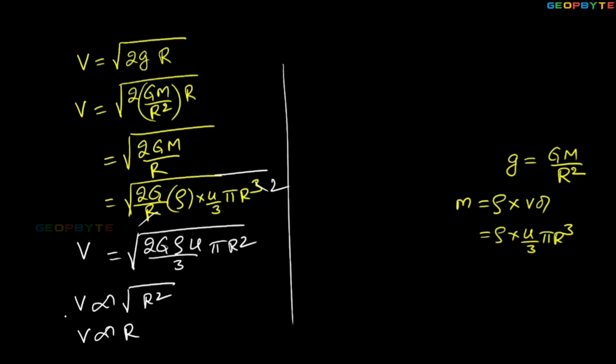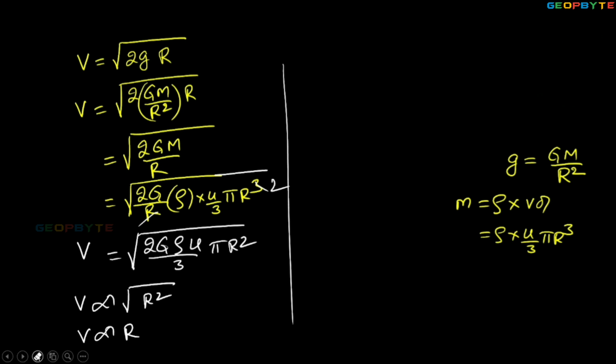That means escape velocity from the Earth surface divided by radius of the Earth equals escape velocity from the planet divided by radius of the planet. Otherwise, I can write one more step.